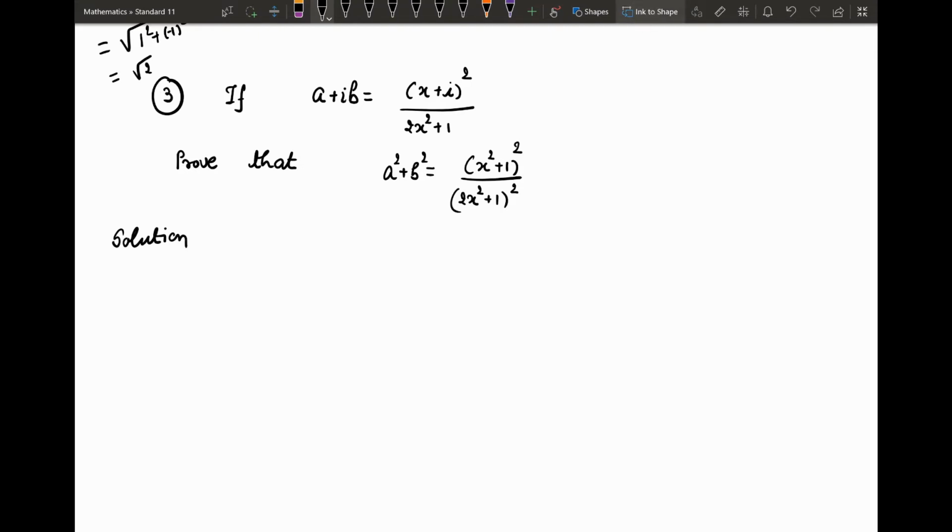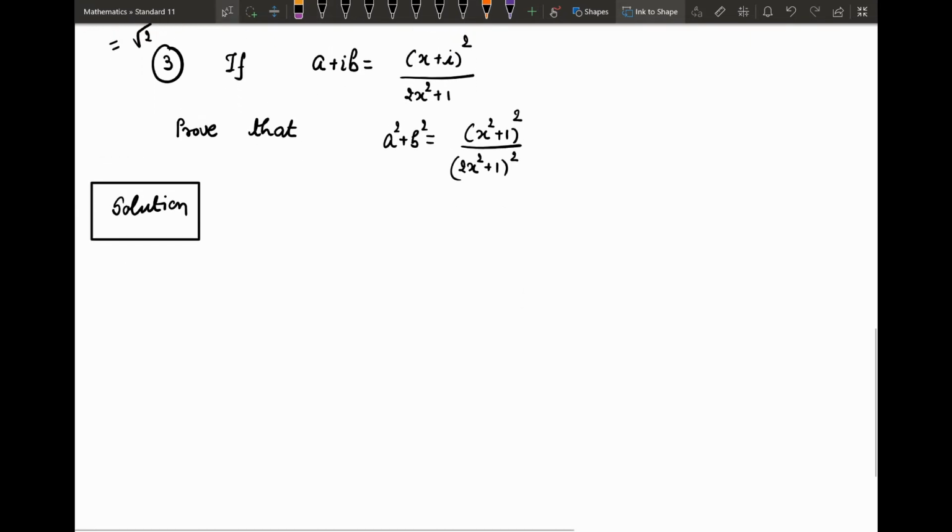Solution. We have been given a plus ib equal to (x plus i) whole square upon 2x square plus 1. Say equation 1. Now, taking conjugate on both sides. There are two methods to solve this one.